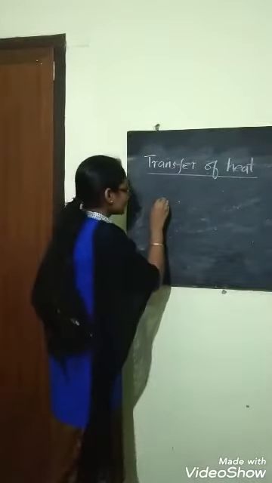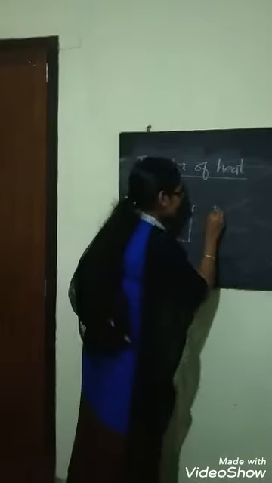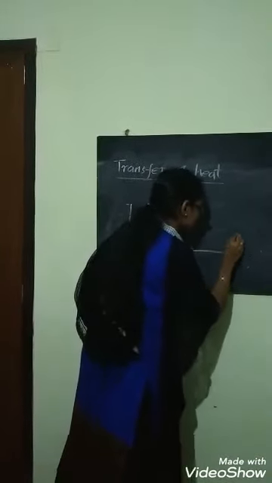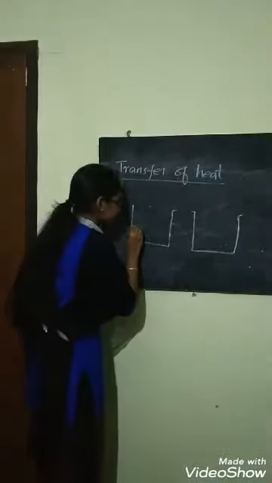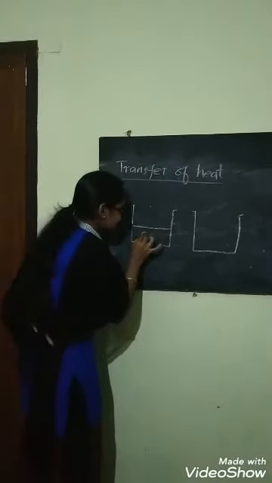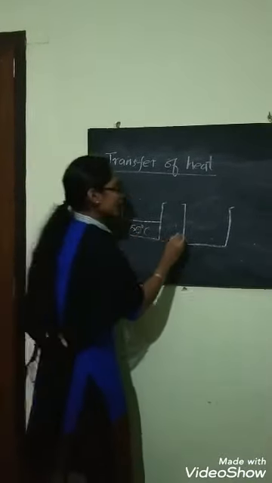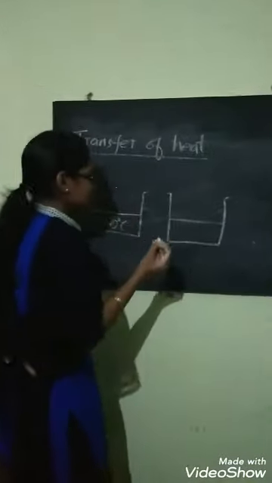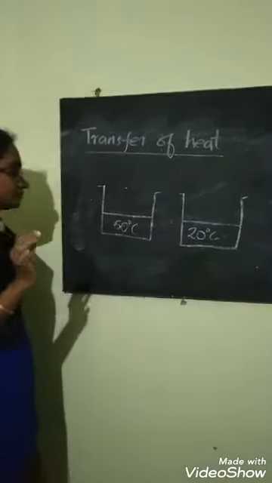So, for example, I am taking two beakers. In this beaker, I am taking water of 60 degrees Celsius. And here I am taking water of 20 degrees Celsius.